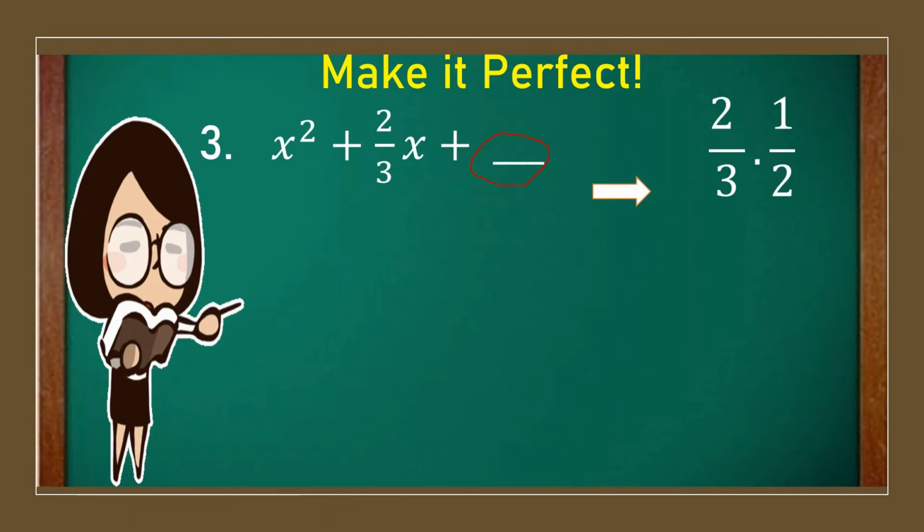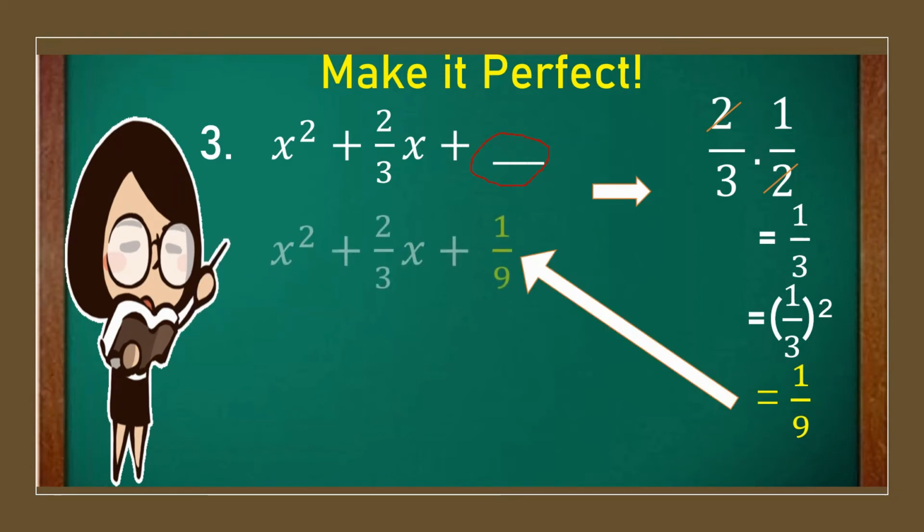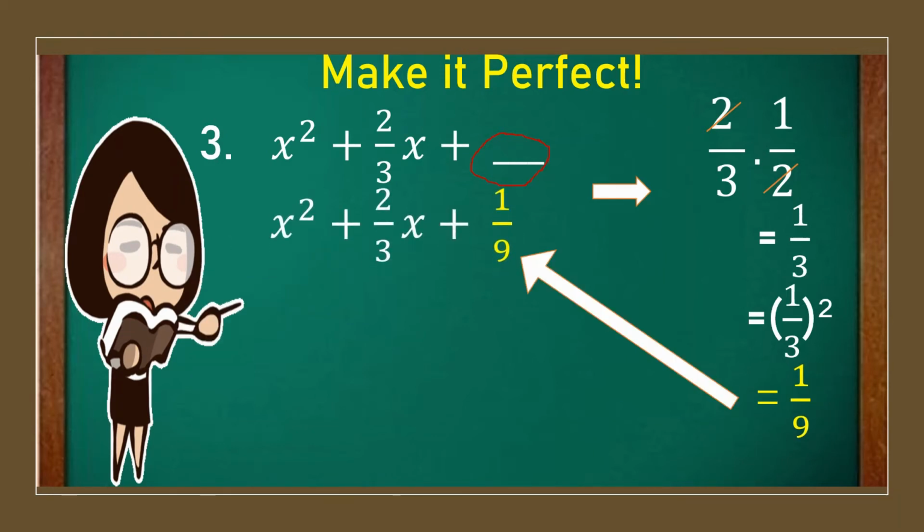Then, we can cancel one numerator, which is 2, and one denominator, which is also 2. So you will get now 1/3. Multiply by itself, 1/3 times 1/3 is 1 over 9. Yes, and that is our last term. Our perfect square trinomial is x squared plus 2/3 x plus 1 over 9.